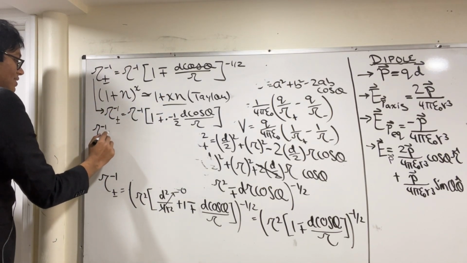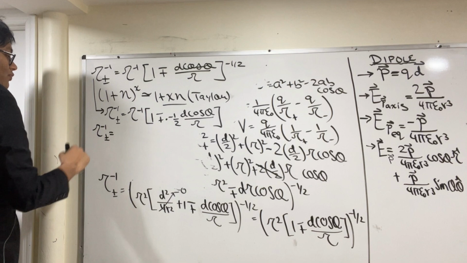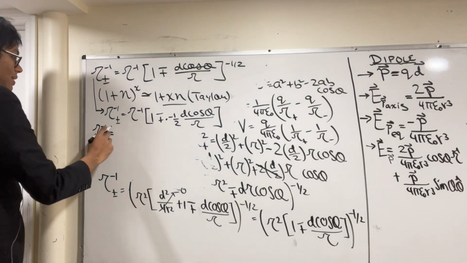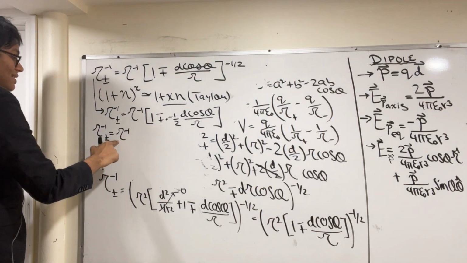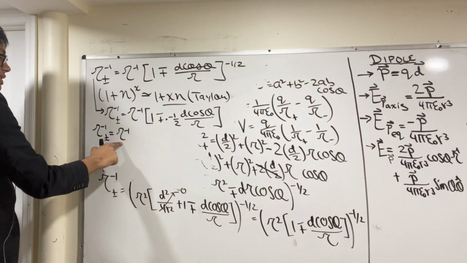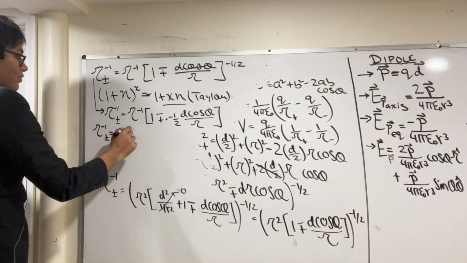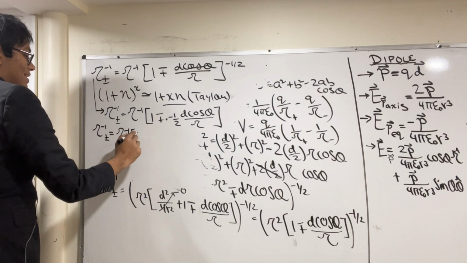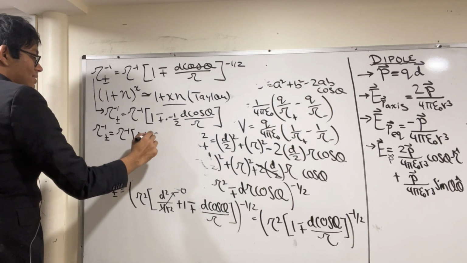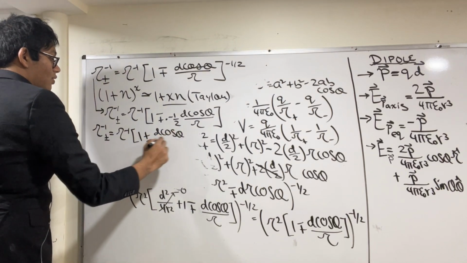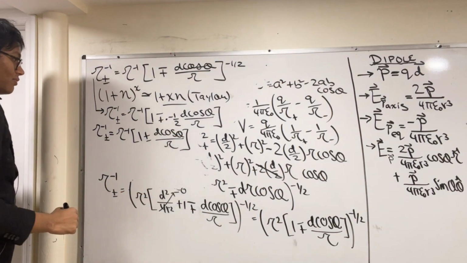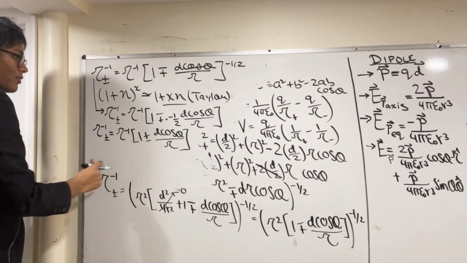And so I'm going to have the distance to either the plus or minus vector raised to the negative 1 power is going to be the distance from the origin to where I want to calculate the dipole potential raised to the negative 1 power. And this minus is going to flip this minus plus into a plus minus d cosine theta over r. And so voila, I'm almost there.